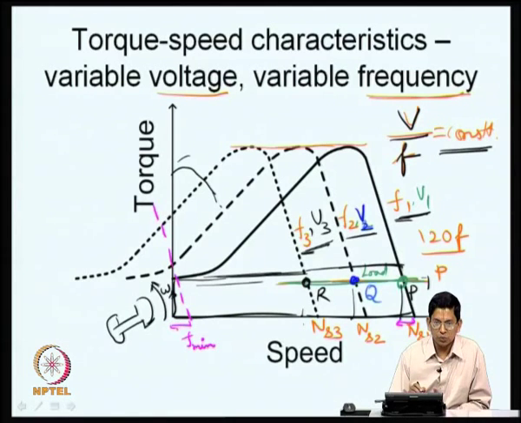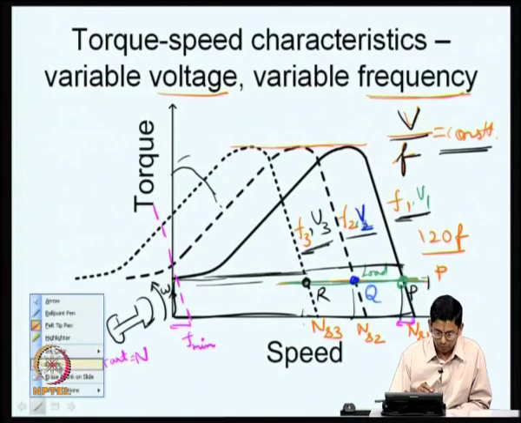So, here the slip is small, and the slip is still comparable to that of the rated slip. As long as this slip is not very high, let us call this the starting slip. I will call this the slip at starting, this should be equal to whatever is my NS minimum.